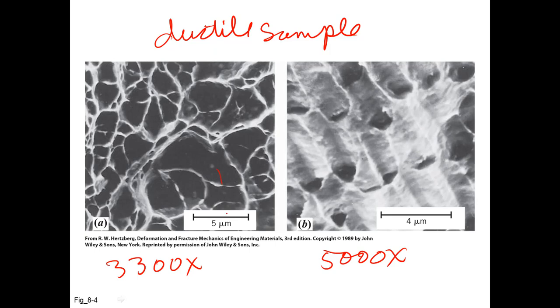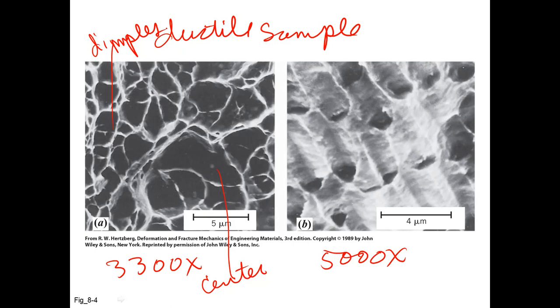This is the center region that's fibrous. We typically see in ductile samples what are described as dimples, or kind of a cellular type structure in the center.